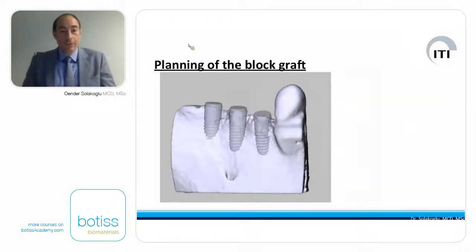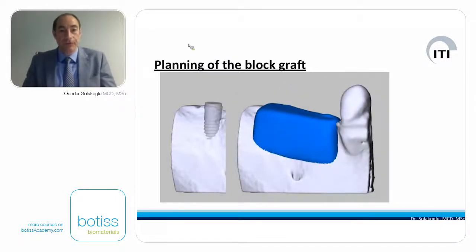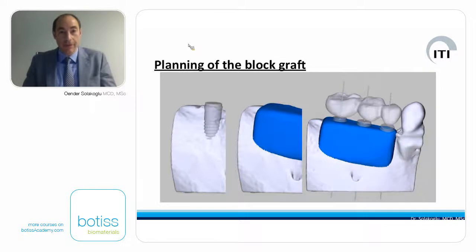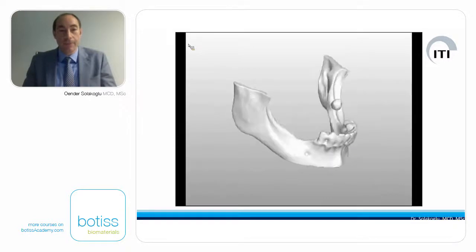This is the lateral view where we can see the missing bone, and we can see the dimensions of the planned block graft, even in relation to the lateral crowns.